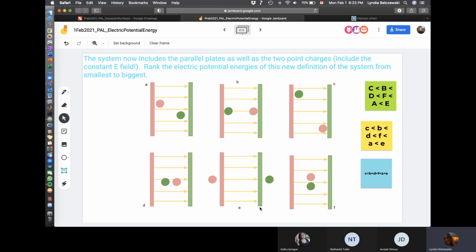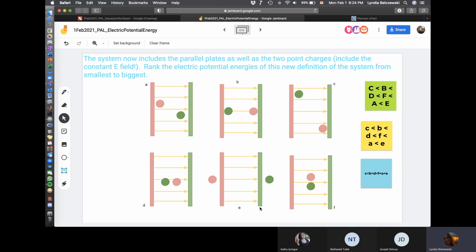And so using that assumption, anywhere outside of the two charged plates, you would have a negative electric field from the negative plate, but you'd also have a positive electric field from the positive plate. And so outside of the plates, those electric fields would cancel.